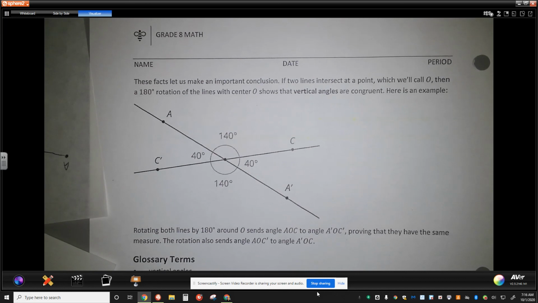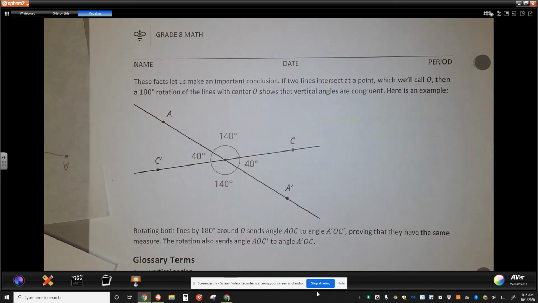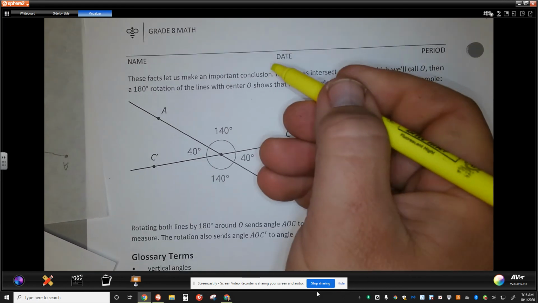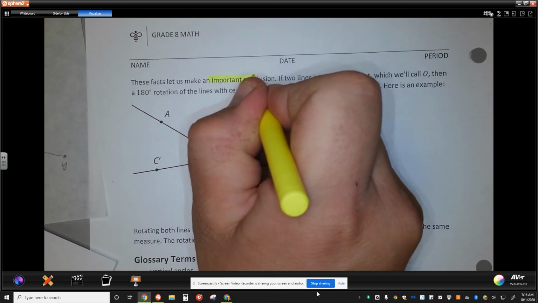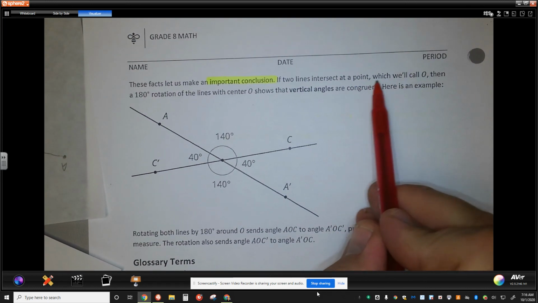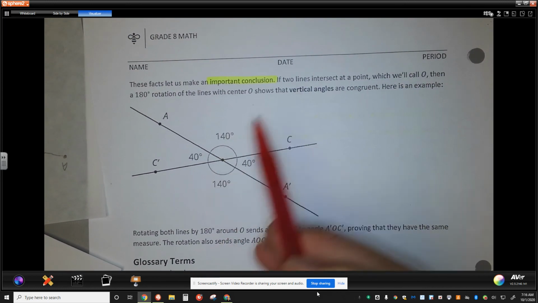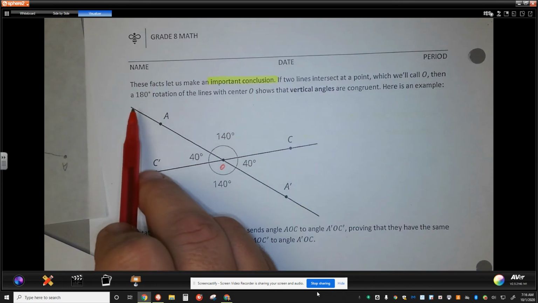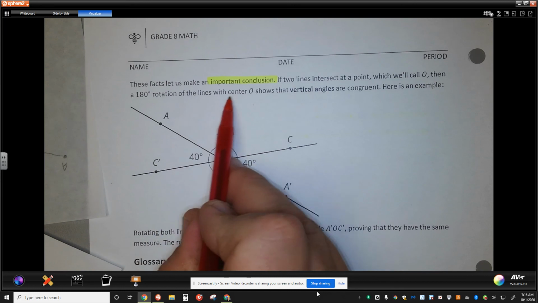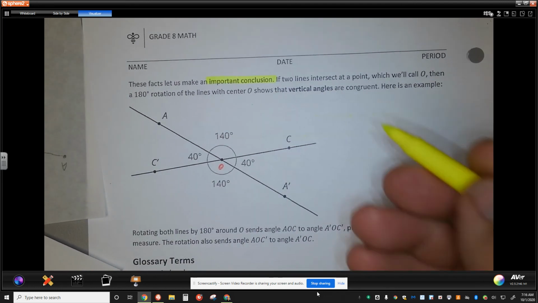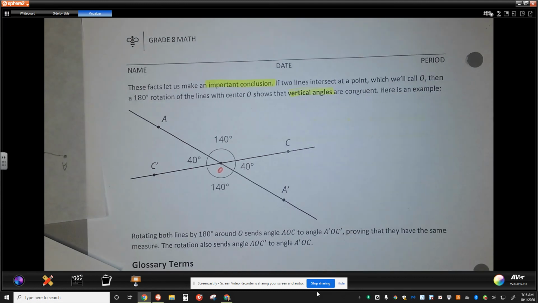So these facts that we have make an important conclusion. I'm gonna highlight that one. An important conclusion. If two lines intersect at a point, we'll call that point O right here. So I'm going to go ahead and just label that O because they said so. Then a 180-degree rotation with the lines at center O show that vertical angles. Oh my goodness, there's that word that I brought up.